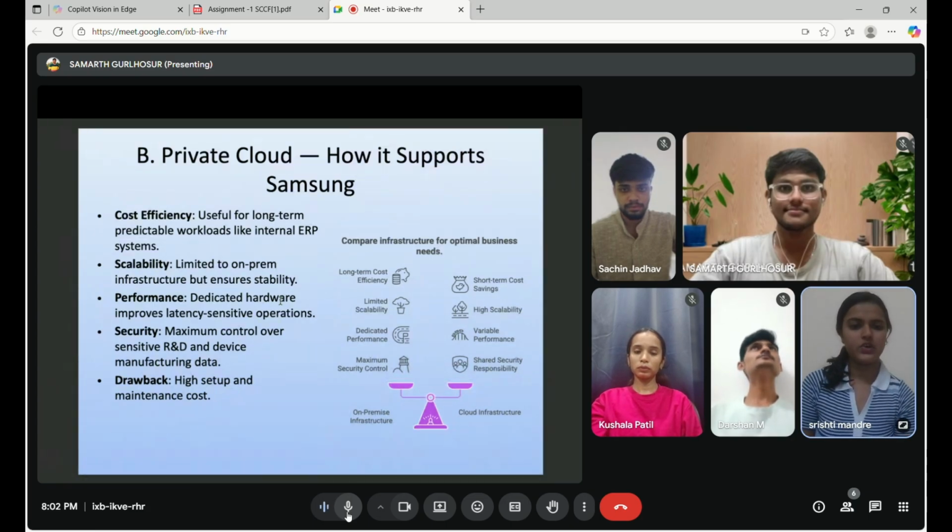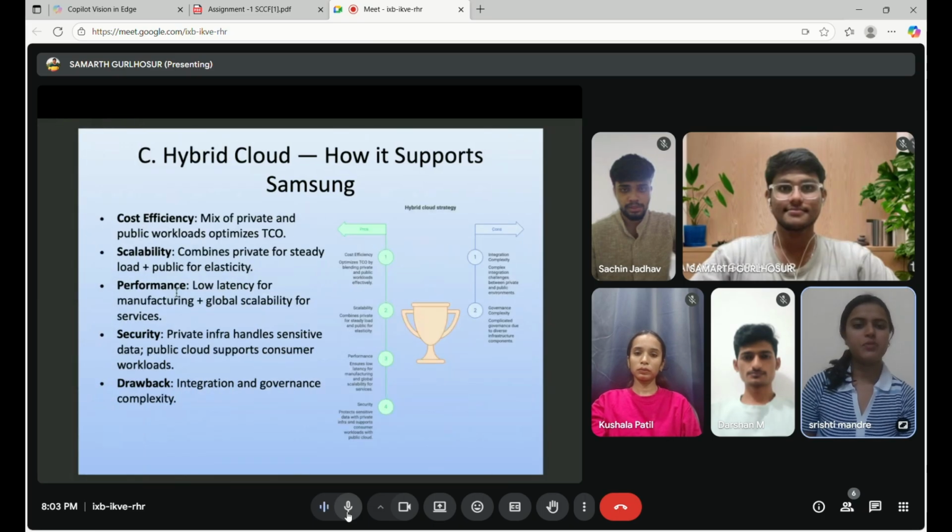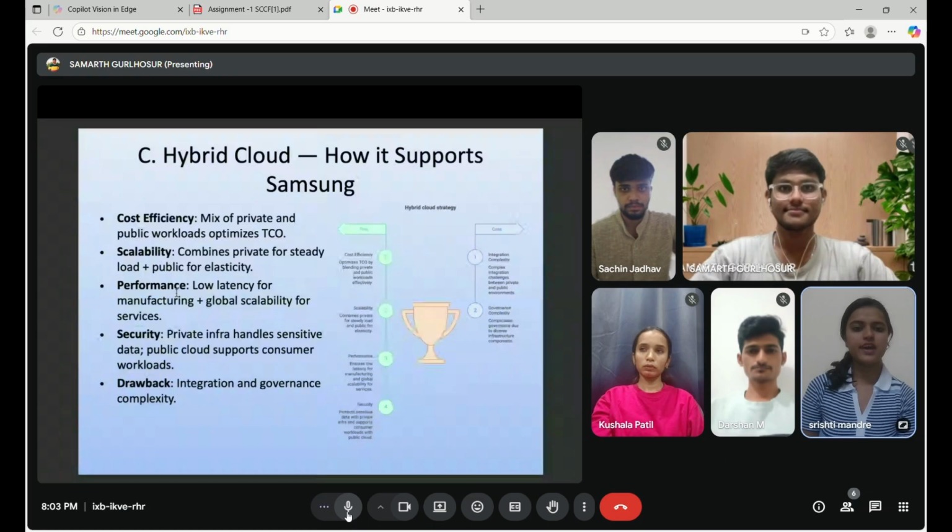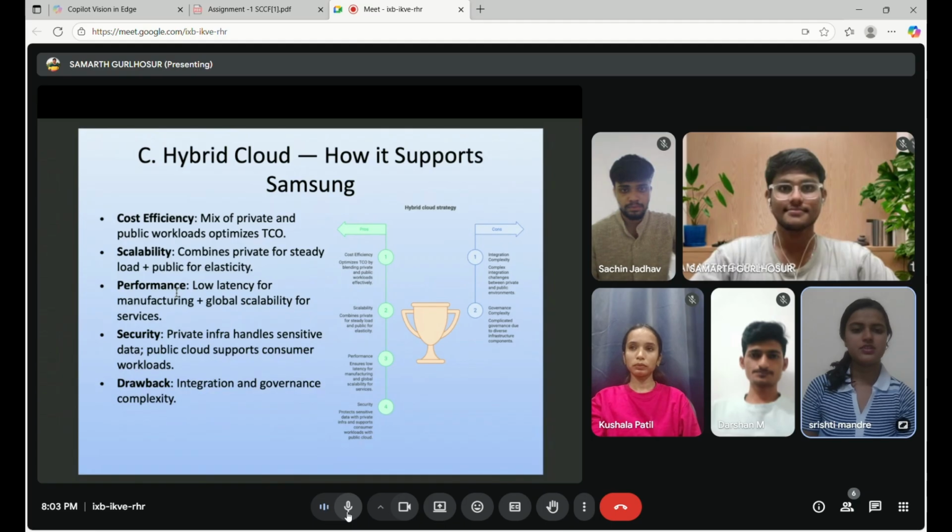Next is hybrid cloud. The hybrid cloud combines both private and public cloud benefits. For Samsung, this model offers cost efficiency, as private handles steady workloads while the public cloud supports variable demand. It provides good scalability and low latency, which is helpful for manufacturing and global services.